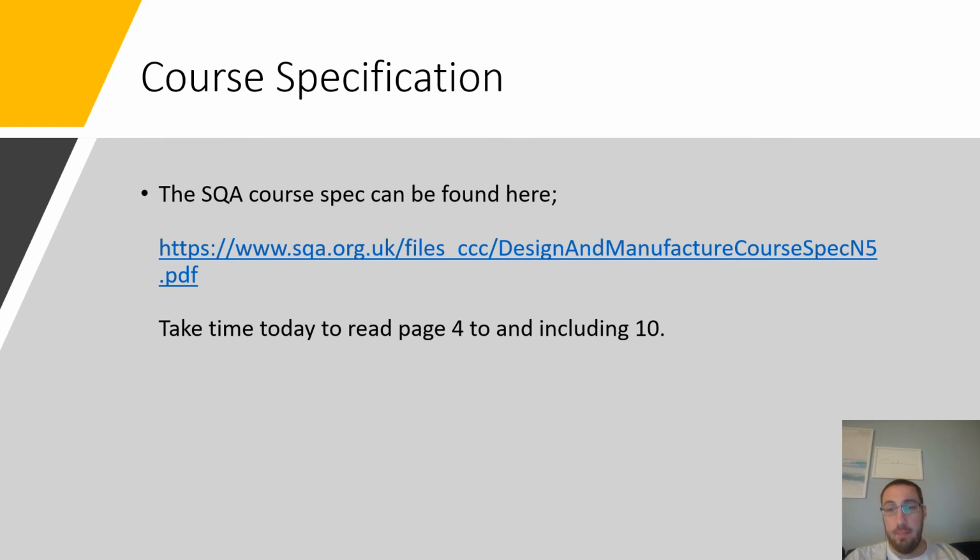So, the next task I'd like you to consider doing is looking at the course specification. You just go to Google SQA Design and Manufacture, National 5, course specification. It's a big document. Don't want you to read it all. Just pages 4 to 10. This lists the content, the information, the skills and knowledge that you need to know for National 5.